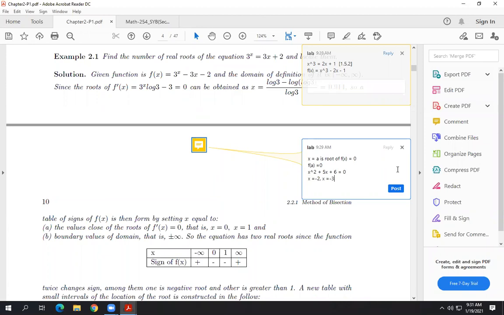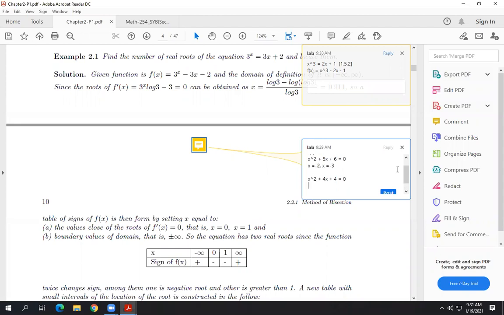Let's take x squared plus 4x plus 4 equal to 0. This is a nonlinear equation, so it has roots.